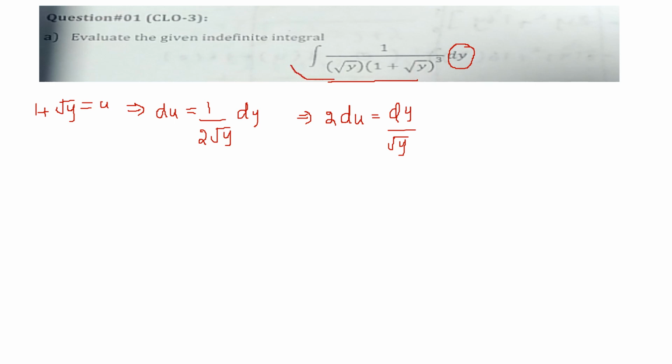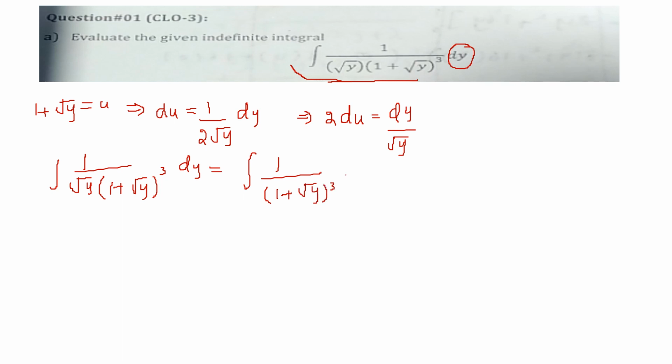Our integral is 1 over square root of y into 1 over (1 plus square root of y) whole cube dy. Before substituting these values, let's rearrange the integrand. Let's take out (1 plus square root of y) whole cube and combine 1 over square root y with dy.